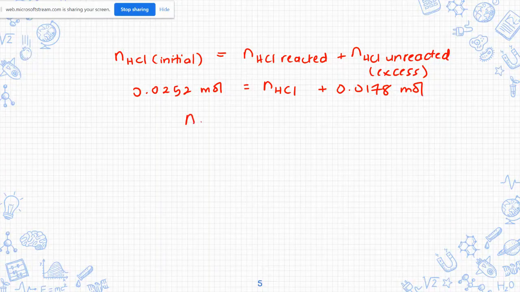And now you can get the value of HCl reacted. In this case, my value is 0.00740 mole.